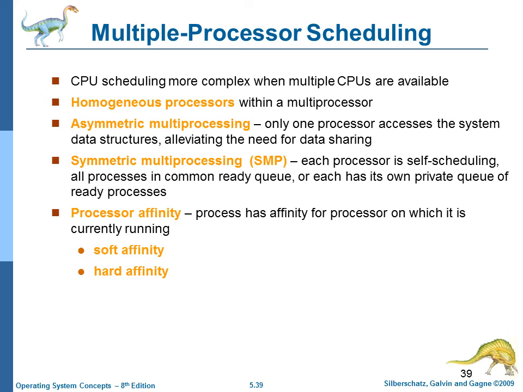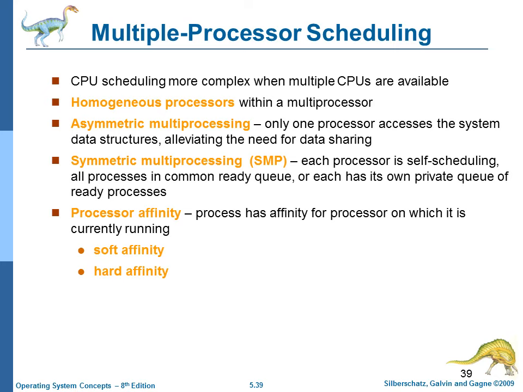If a process were to switch from one processor to another each time it got a time slice, the data in the cache would have to be invalidated and reloaded from main memory, so we would not be benefiting from the cache.